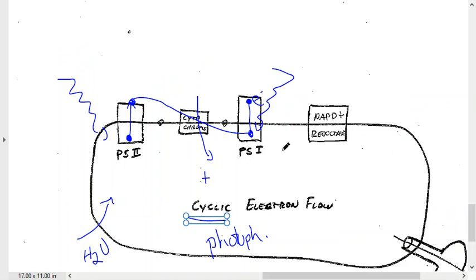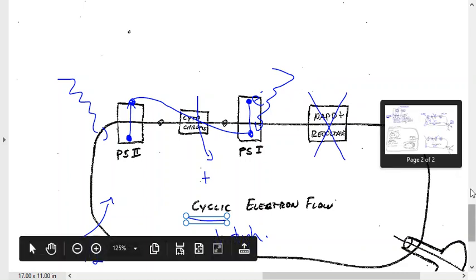because in order to have this electron cycle back, that means NADP reductase is unavailable to accept the electron.